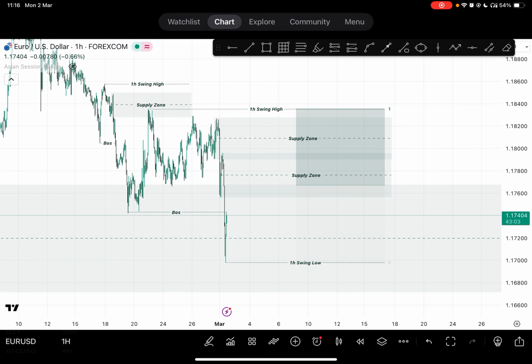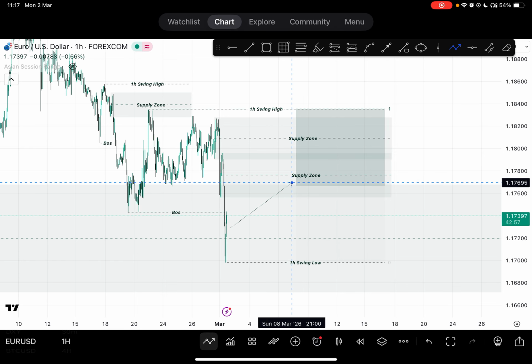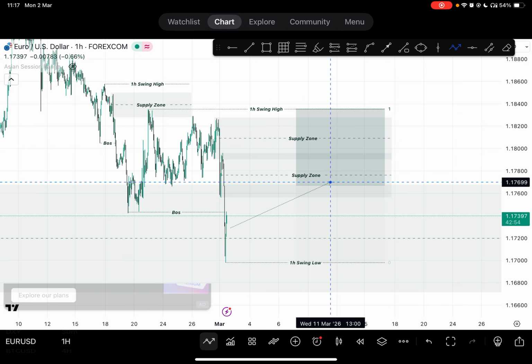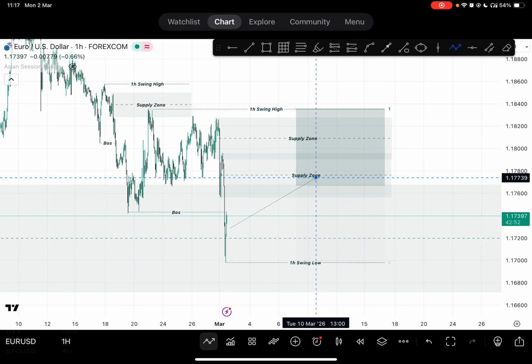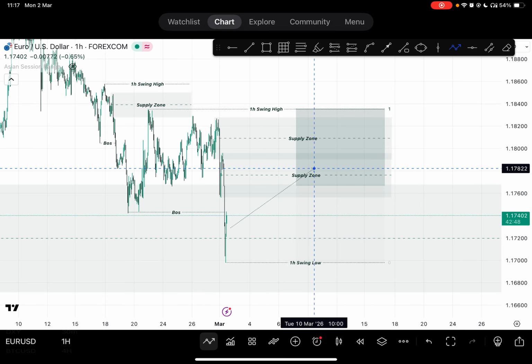So we are expecting price to make a pushback to this point. If price gets to this point, we can already see that this supply zone is still located within the 50% range, still at the premium range.